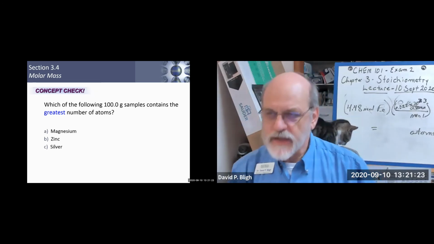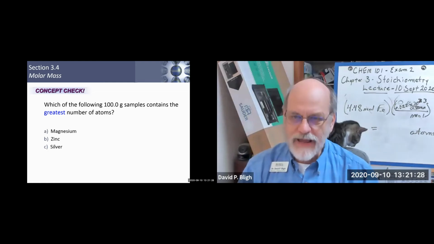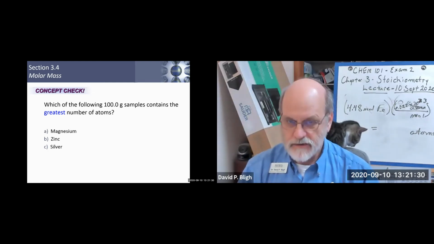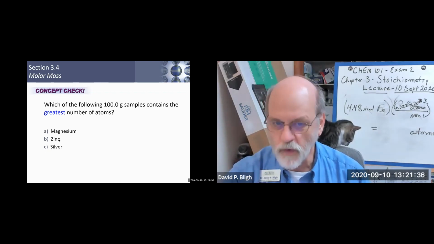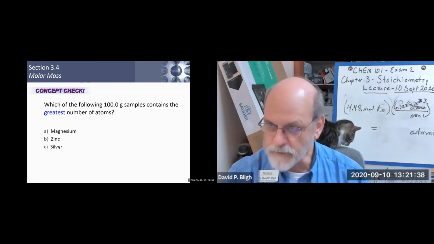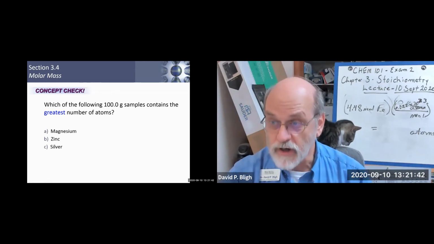So here's a concept question. Let's say you have 100 grams of each: magnesium, zinc, and silver. 100 grams of magnesium, 100 grams of zinc, 100 grams of silver. Which contains the greatest number of atoms?